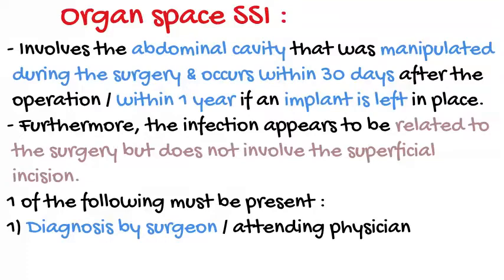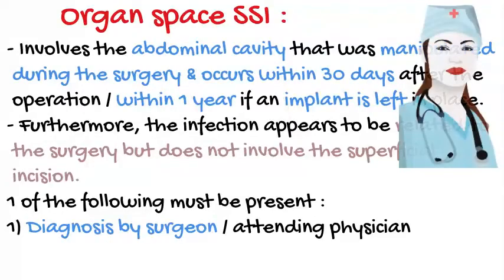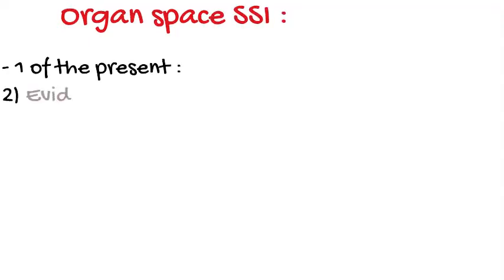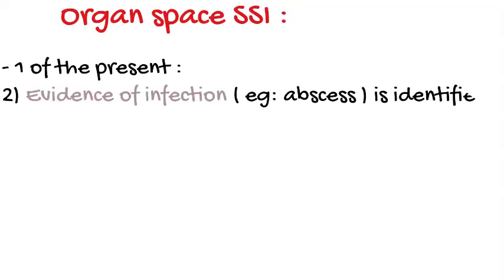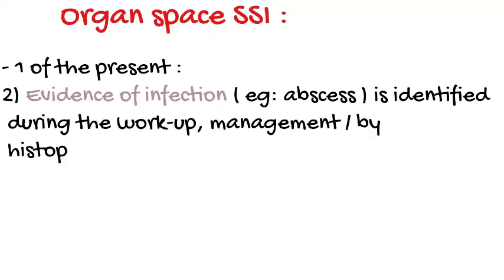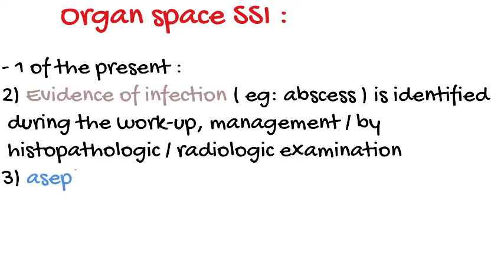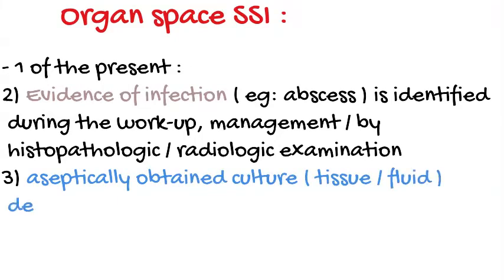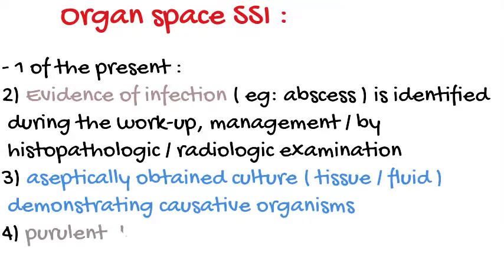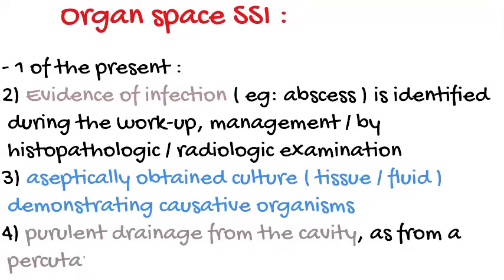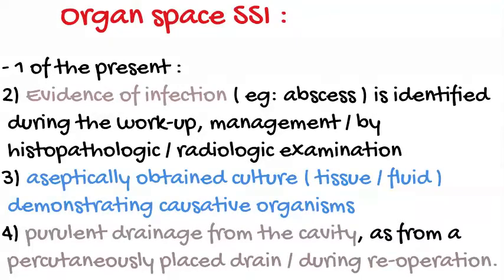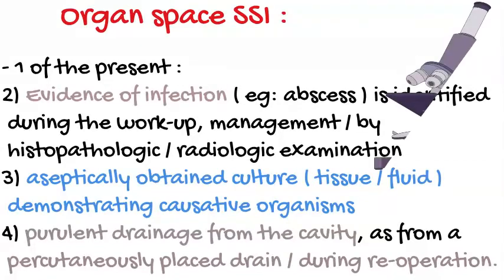Diagnosis by the surgeon or by the attending physician. Number 2, evidence of infection, for example an abscess, identified during the workup or management by histopathologic and radiologic examination. Number 3, aseptically obtained culture from tissue or fluid demonstrating the causative organism. Number 4, purulent drainage from the cavity, as from a percutaneously placed drain or during reoperation.